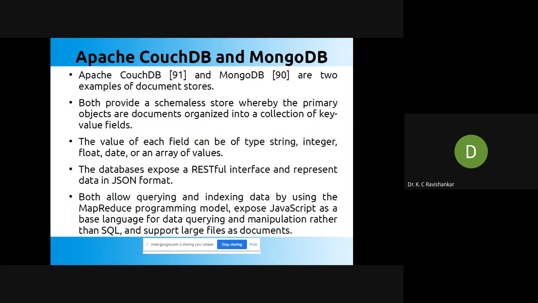The MapReduce programming model exposes JavaScript as a base language. As I just said, Java is a supporting language for handling this. JavaScript is derived from Java, and it is a web-based language also, so web scripting can be written in it.